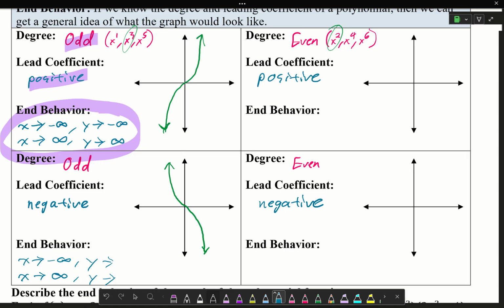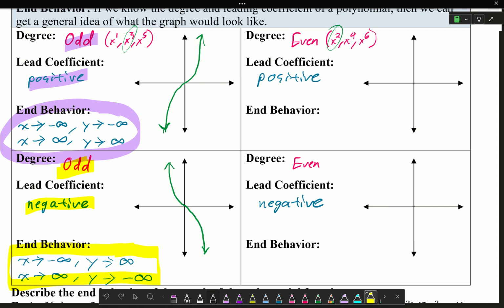Heading off to the left, we can see y heading upwards towards positive infinity, and on the right side, it's heading downwards towards negative infinity. And again, just knowing that it's an odd degree polynomial with a negative leading coefficient, we can already predict this end behavior.